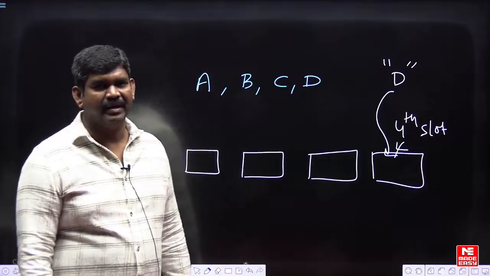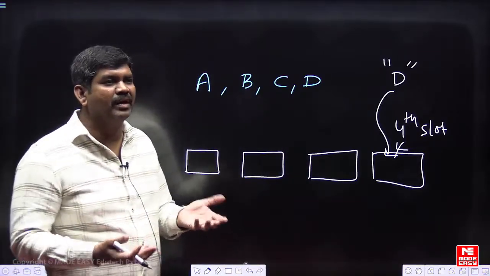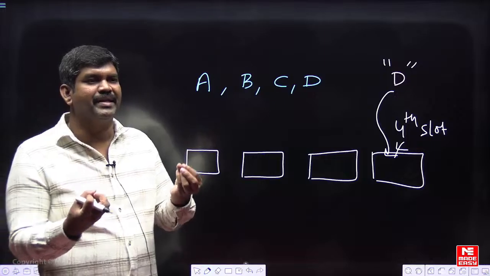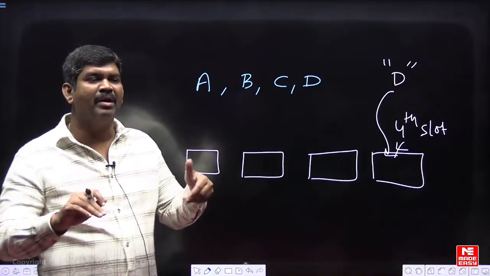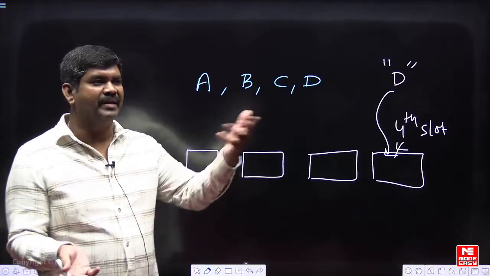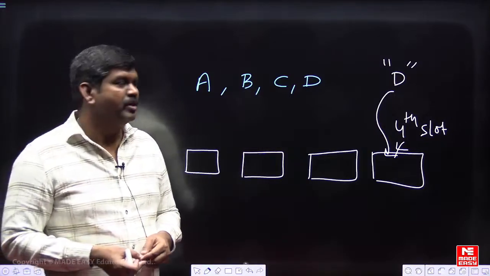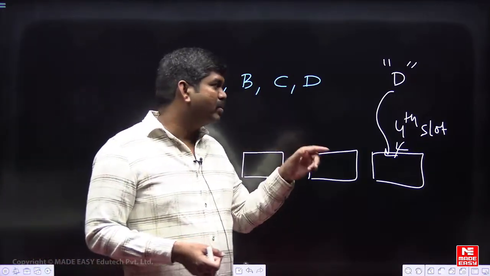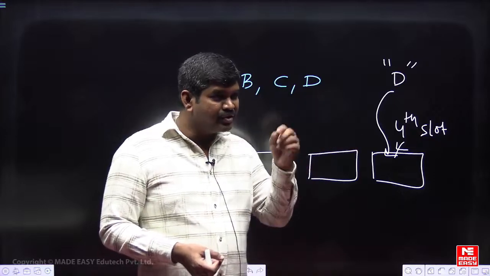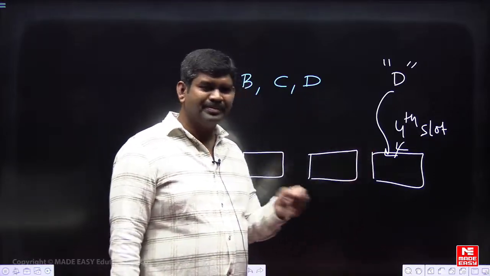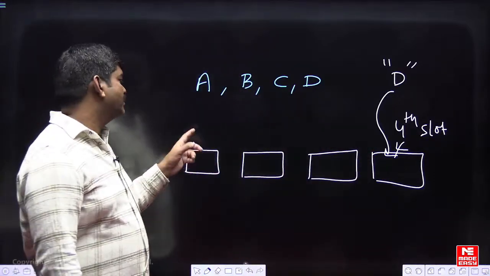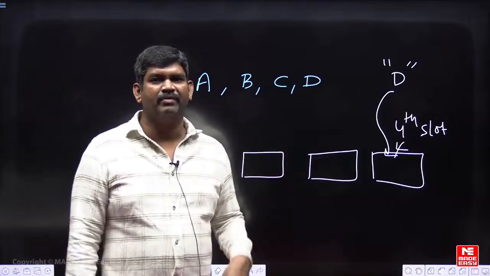The meaning of success is that whatever data the station is sending is not suffering from collision and the data is reaching the destination. That is called success. So success has come for station D the first time at slot 4, and slots 1, 2, 3 are failures.